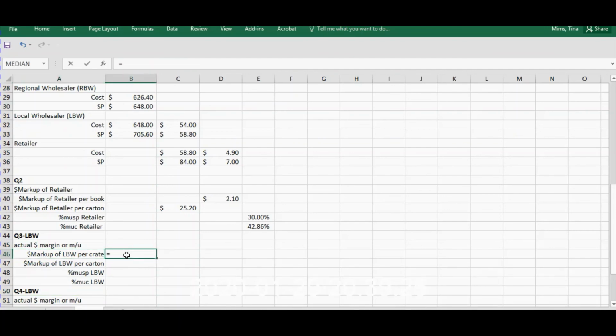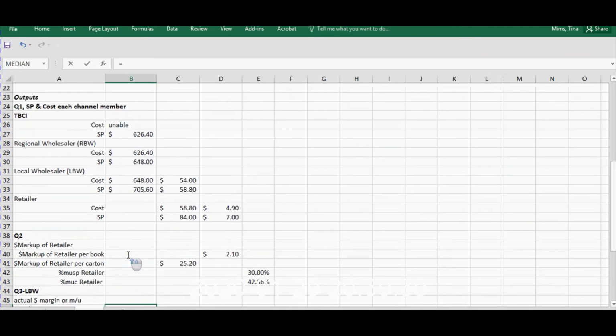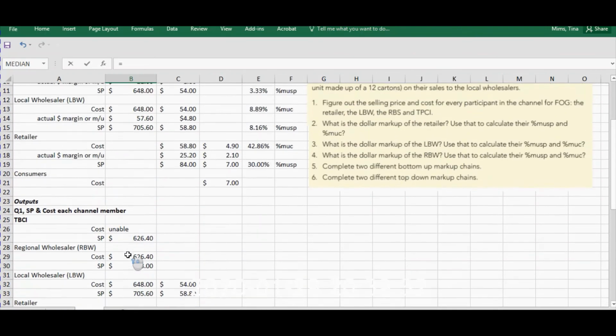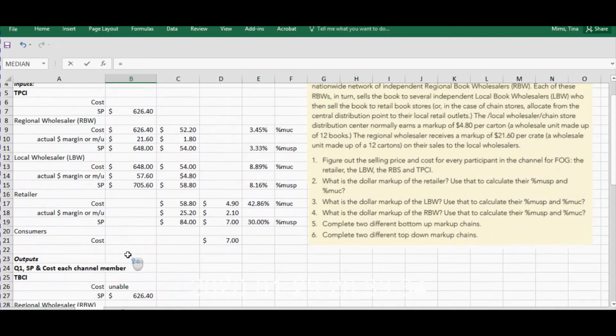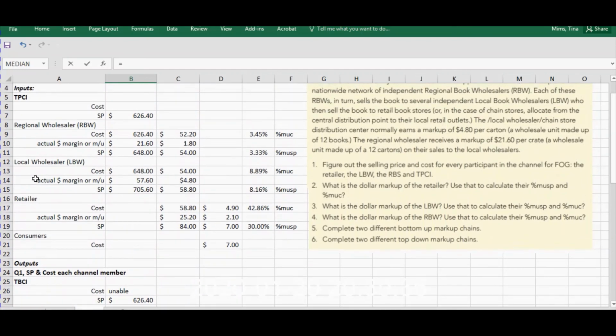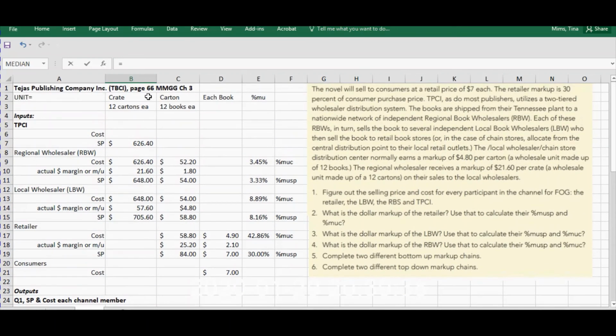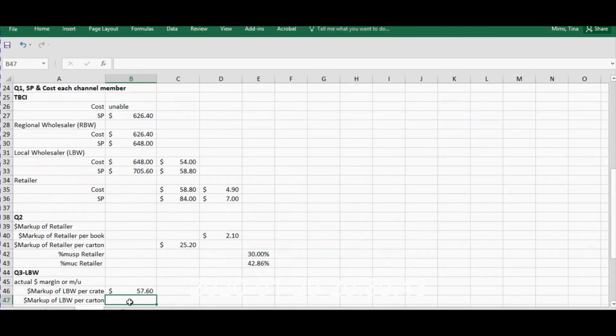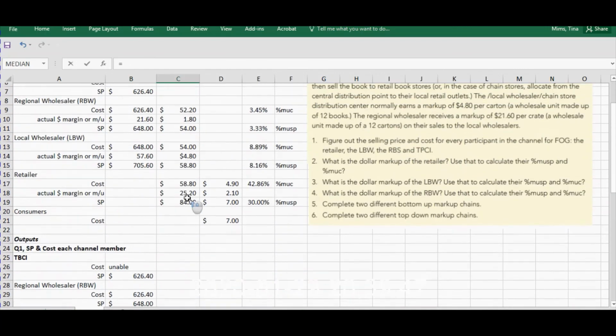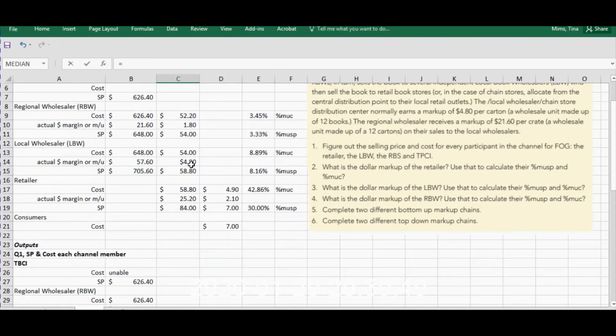All right, very good. Okay, so the dollar markup of LBW per crate. Okay, I think we calculated that. We did. Make sure I've got the right number. Hit enter. Okay. Dollar markup of the LBW per carton.